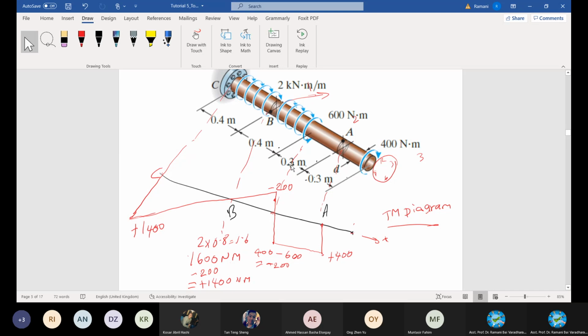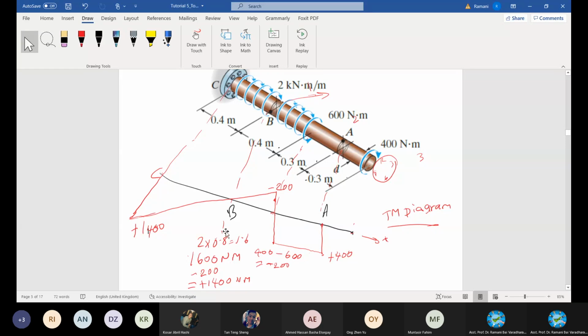Moving on, this member, I cannot stop here because the member is again subjected to another distributed moment of 2 kilonewton meter per meter. Hence, I have to calculate. It's a uniformly distributed moment, 2 times the distance of 0.8.